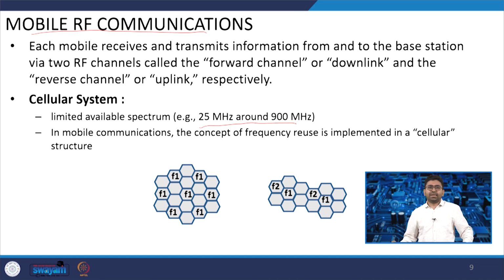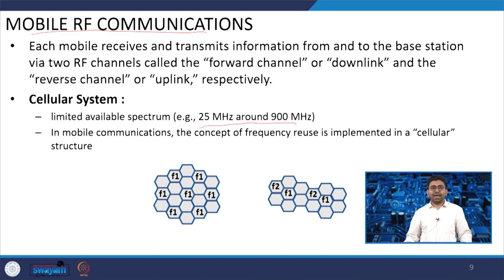We need to give this bandwidth to multiple users and get maximum use of this frequency band. So in mobile communication, the concept of frequency reuse is implemented in the cellular structure.